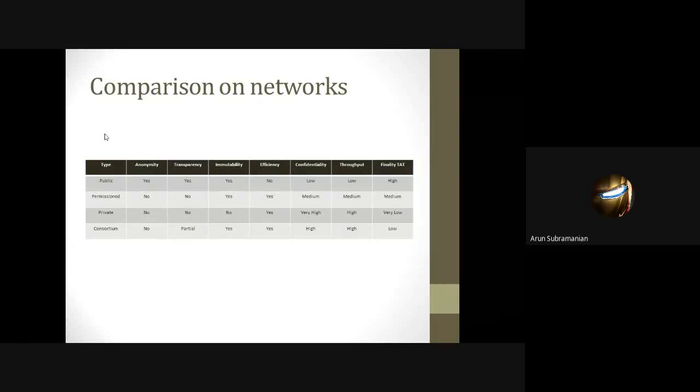Next, we come to immutability. Immutability is about the chance of modifying your data. So in public, there is a chance because a 51% attack can come, or even two-thirds of the network can be reached by a malicious node, and the data can be modified. But in the permissioned network also that is possible, since there are more and more nodes.